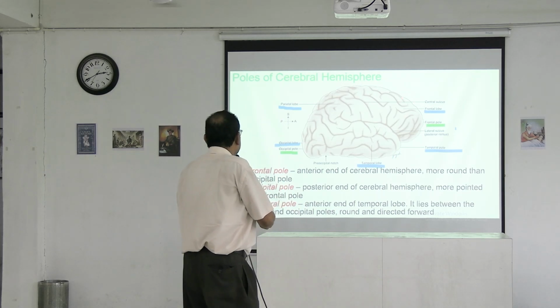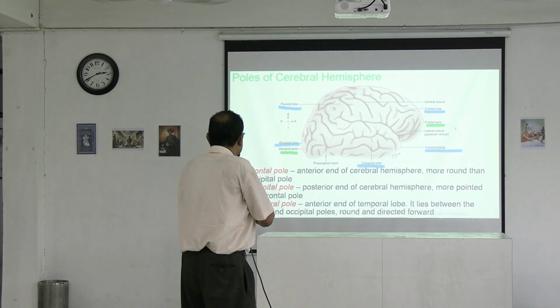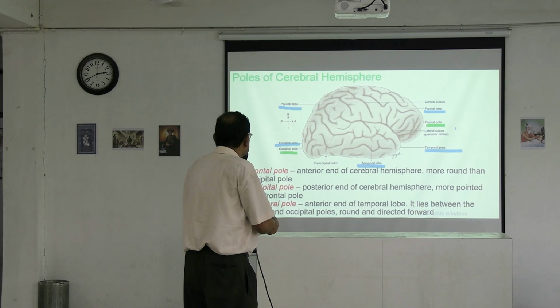So here we can find one sulcus which cuts the superomedial border, which runs obliquely backwards, and it is around 1 centimeter behind the midpoint. This is the frontal pole, this is the occipital pole. If we make a midpoint between the frontal pole and the occipital pole, it is almost 1 centimeter behind that midpoint.